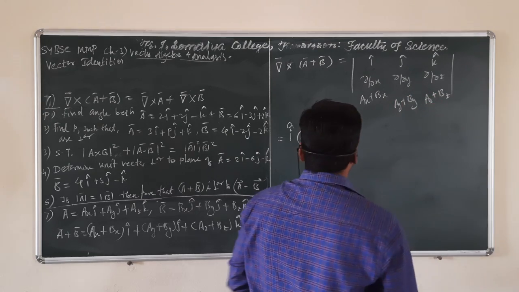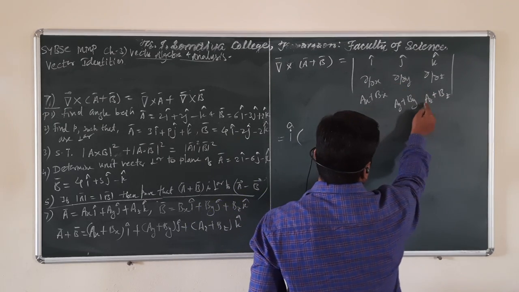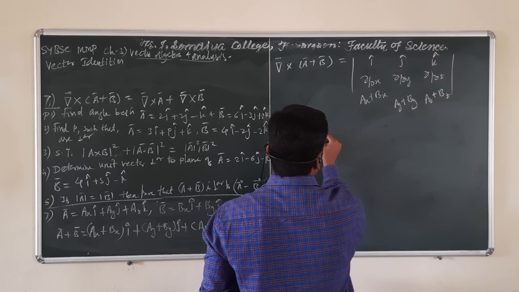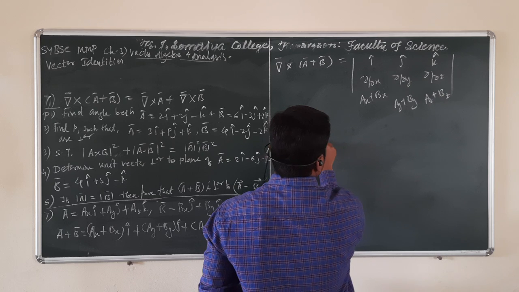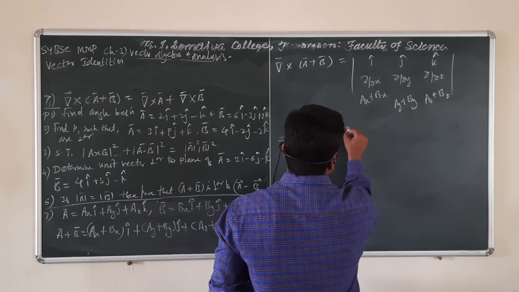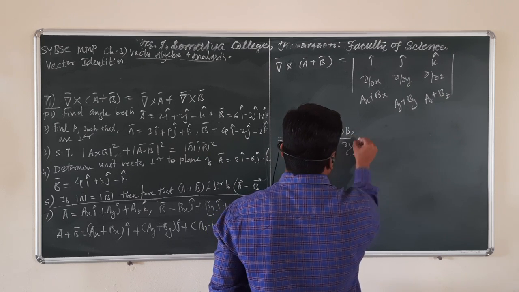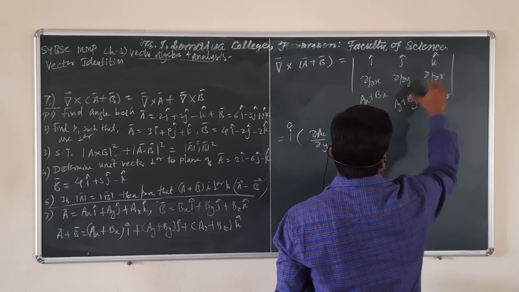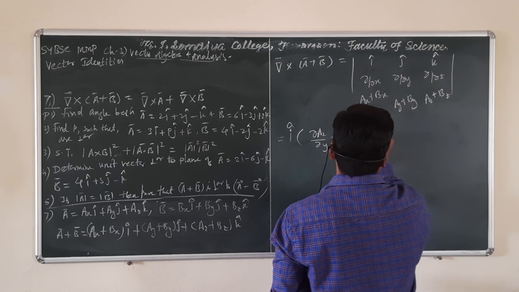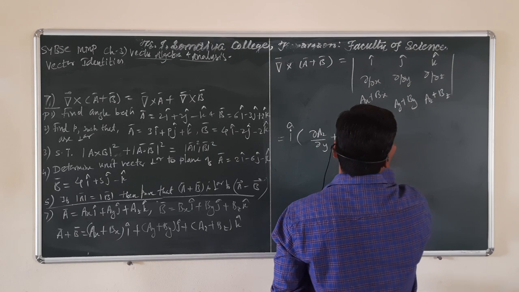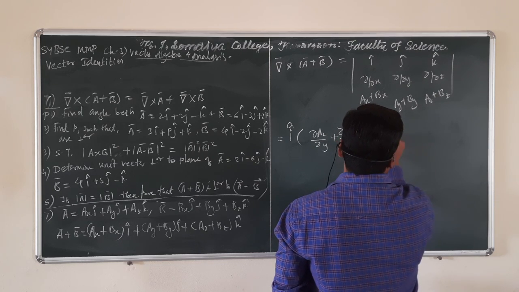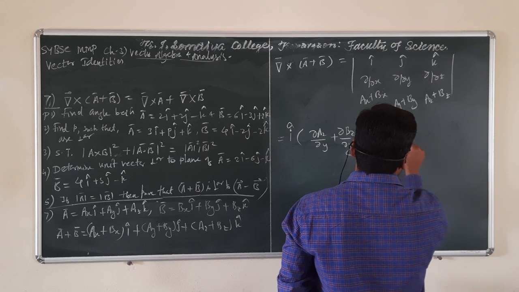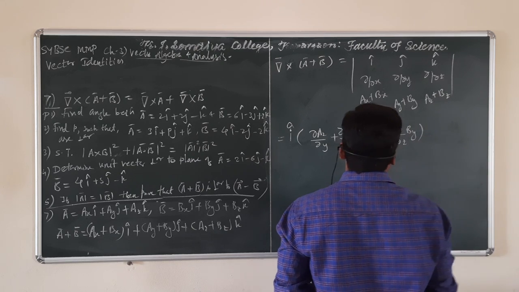So if you take partial derivative with respect to y of this term, that will become partial derivative of az with respect to y plus partial derivative of bz with respect to y, minus partial derivative with respect to z of this term. So partial derivative with respect to z of ay minus partial derivative with respect to z of by.